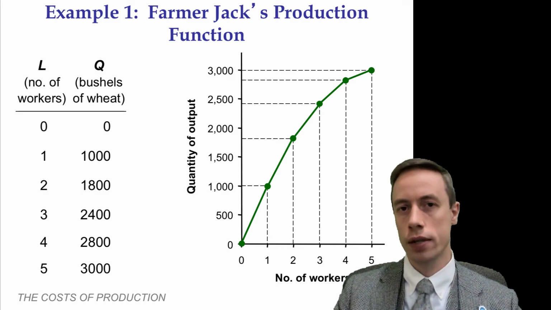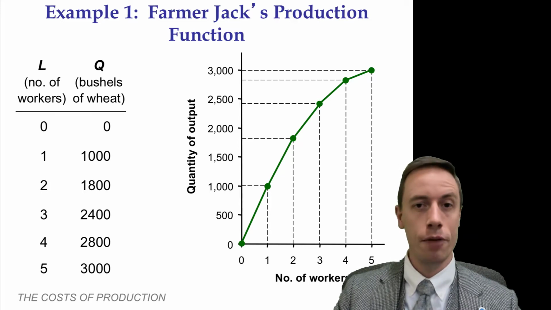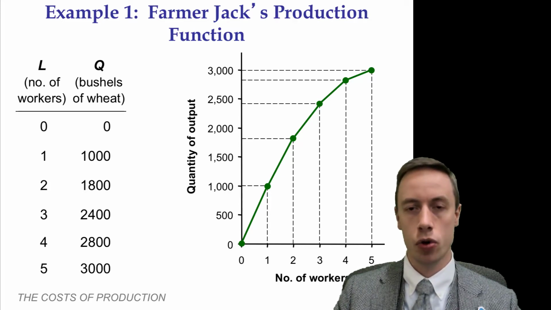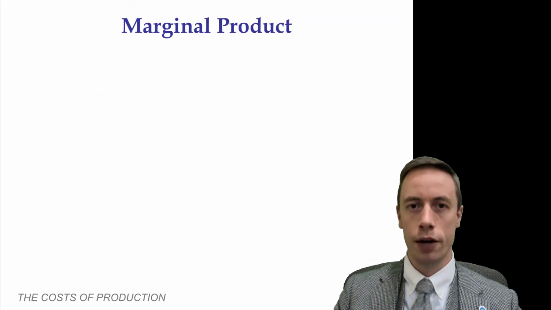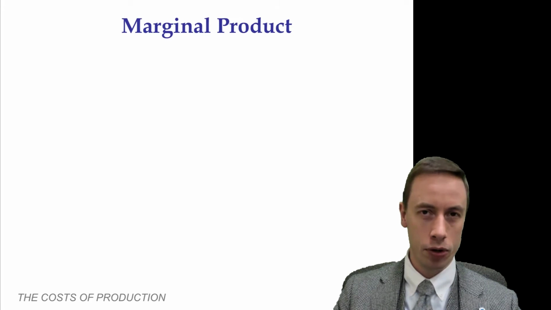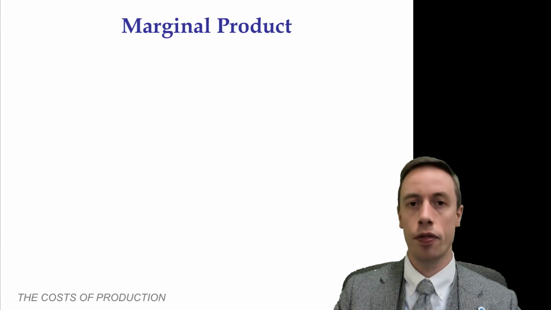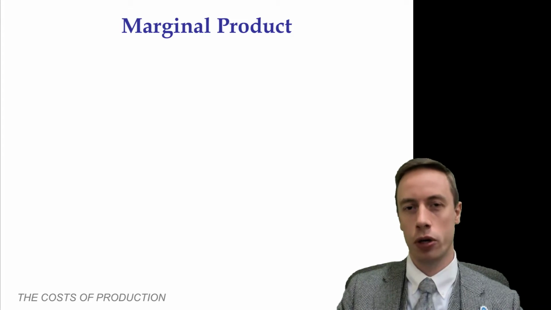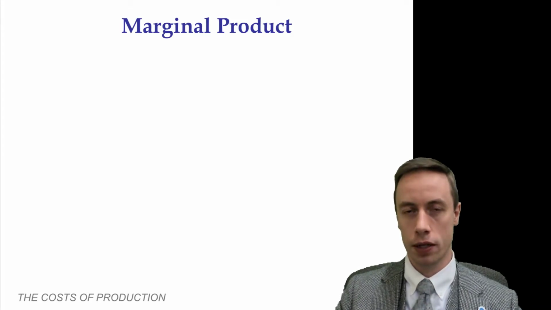Now, when it comes to running this farm efficiently, describing that phenomenon is going to be quite important. So let me tell you how we think about it. In order to describe the productivity of our inputs, we think at the margin. So this is a concept we first encountered when we talked about consumer and producer surplus.